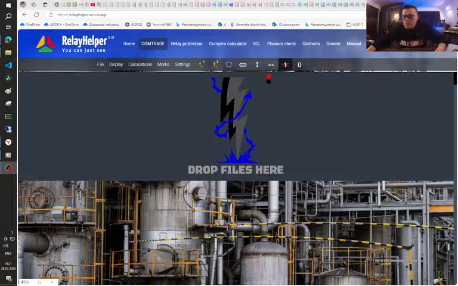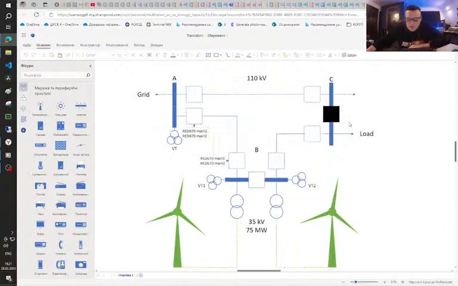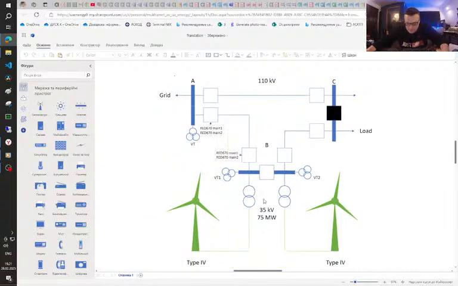So in the beginning we go through the primary scheme. This is a very simplified scheme. We have a wind farm, 75 megawatts with type 4 wind turbines.